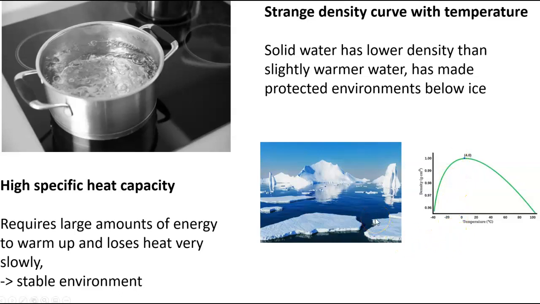So this ice actually protects the rest of the water, so once again we have a very protected environment. This is why liquid water may aid in the formation of life, because you have these protected environments. That's one of the reasons why when we're looking for planets that life could exist on, we're looking for planets with water.